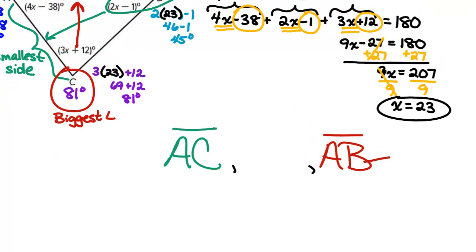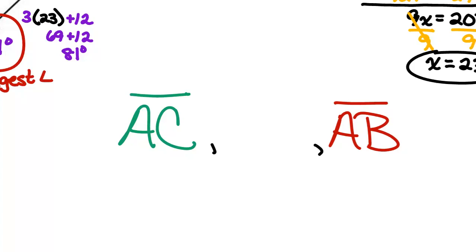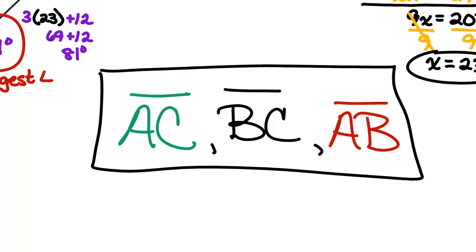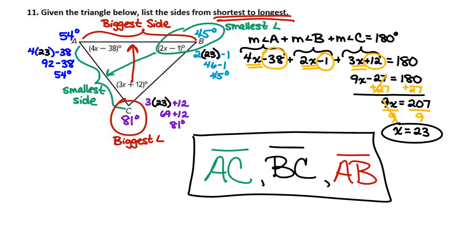Well, if AC is the shortest side and AB is the biggest side, which one goes in the middle? BC. There's my sides in order from smallest to biggest.